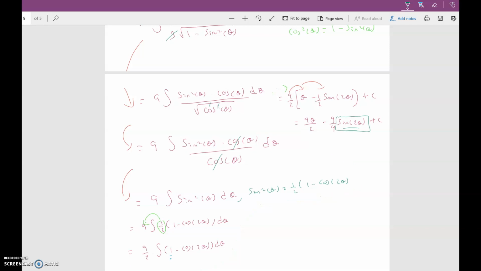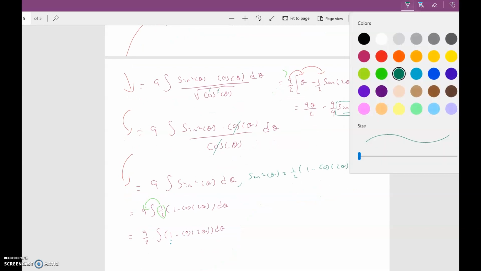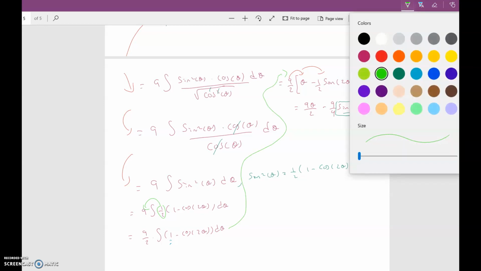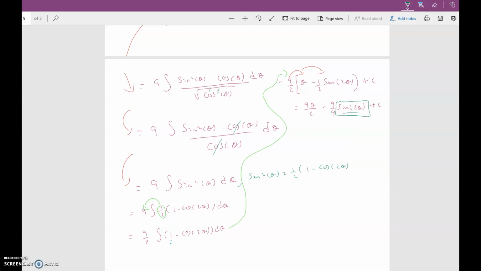So let me put the arrow that I had originally in this direction. I'm going to use the following identity: sine of 2 theta is equal to 2 sine of theta cosine of theta.